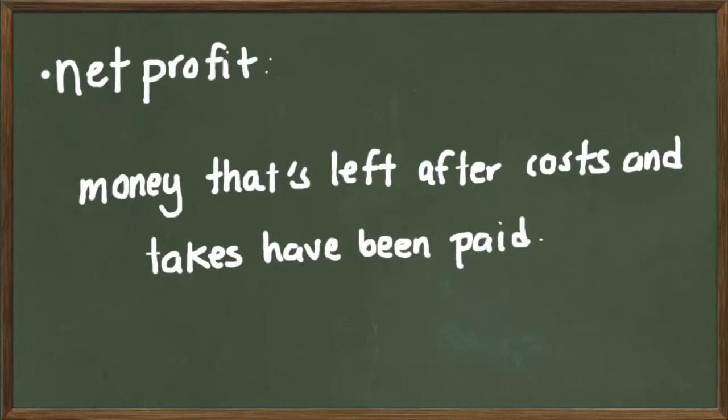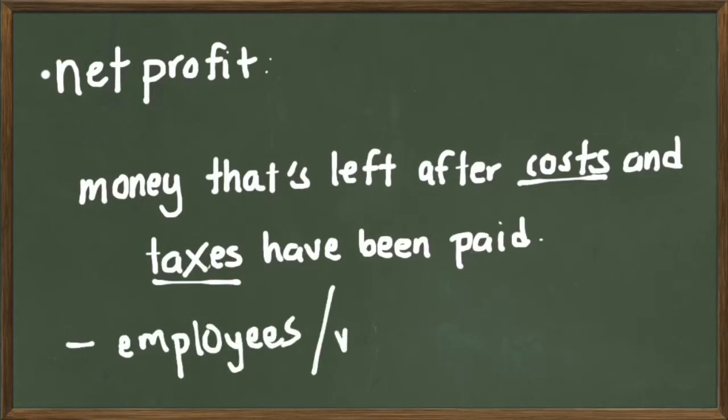The next jargon word is net profit. Net profit is money that's left after costs and taxes have been paid. So once you have your turnover, you have to pay taxes and you have to pay other costs or expenditures, like paying your employees, paying rent, and other expenditures.